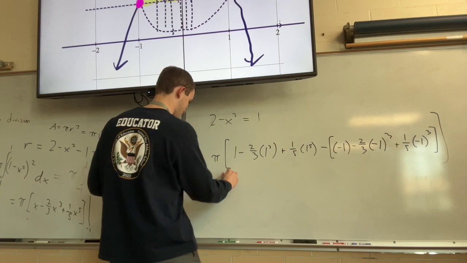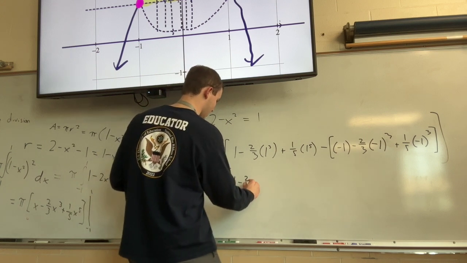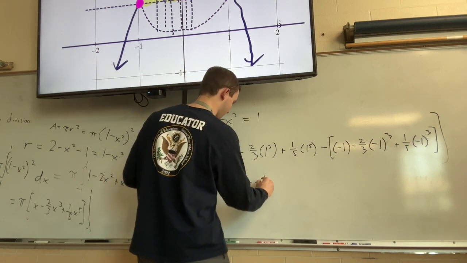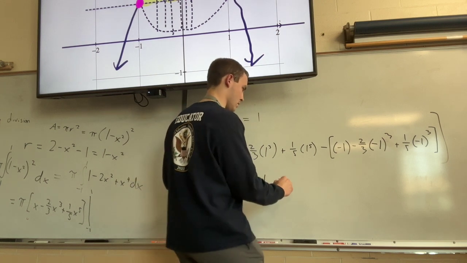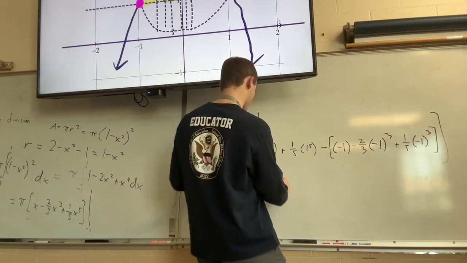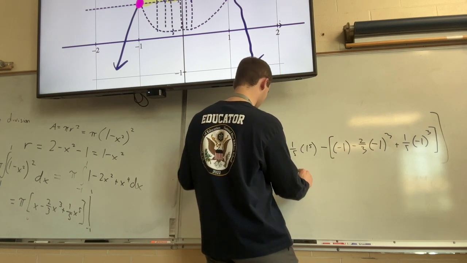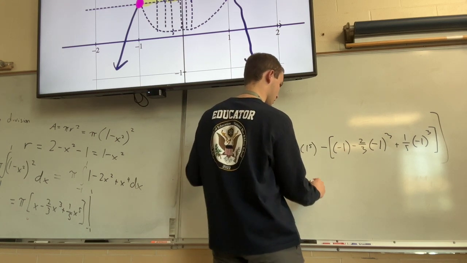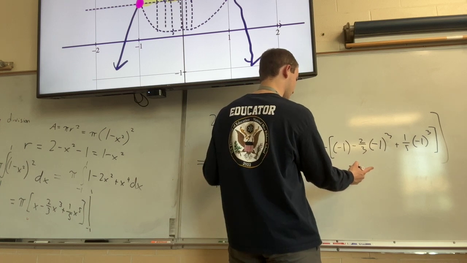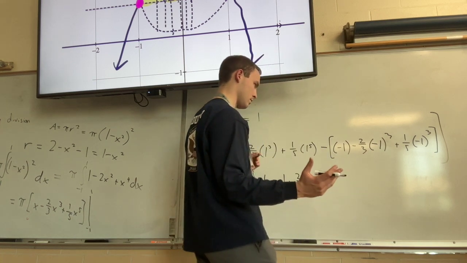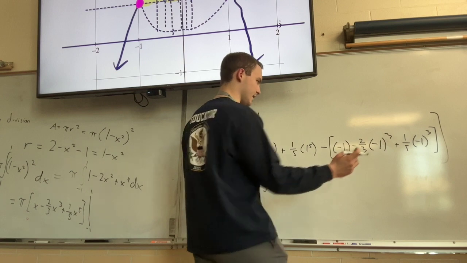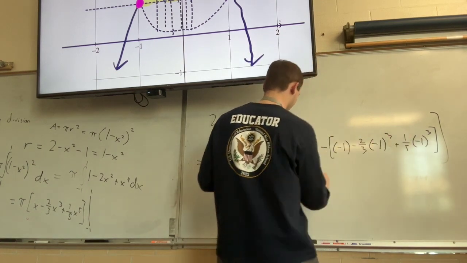Pi times 1 minus 2/3 plus 1/5. Minus the -1 term, that becomes a plus 1, a plus 2/3, and a minus 1/5.